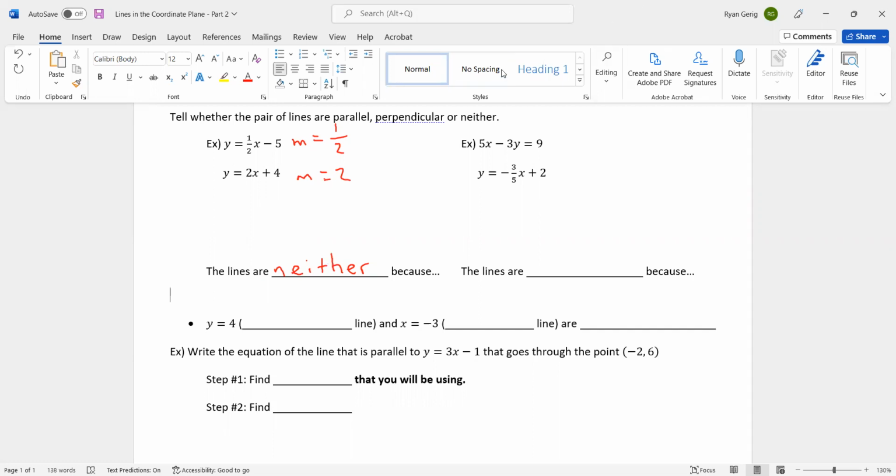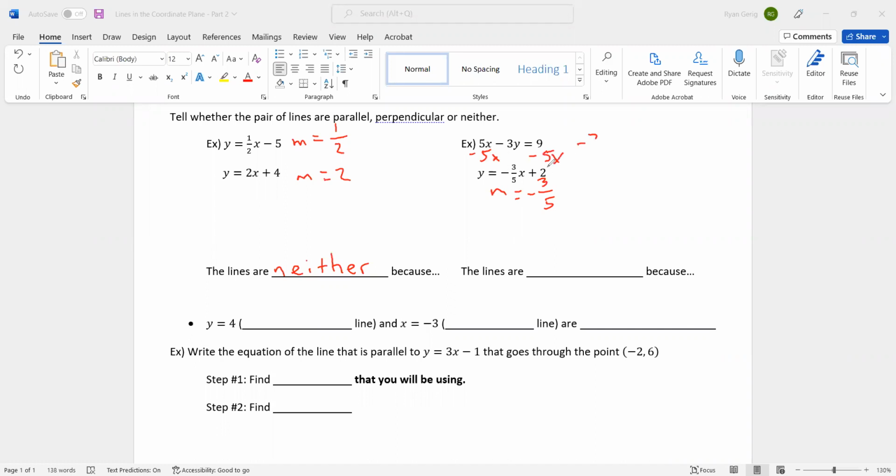Okay. Next one, not as easy because one of them is in standard form. So I know the second one here has a slope of negative 3/5. First one, I need to subtract 5x. This is from the lesson yesterday and from Algebra 1.